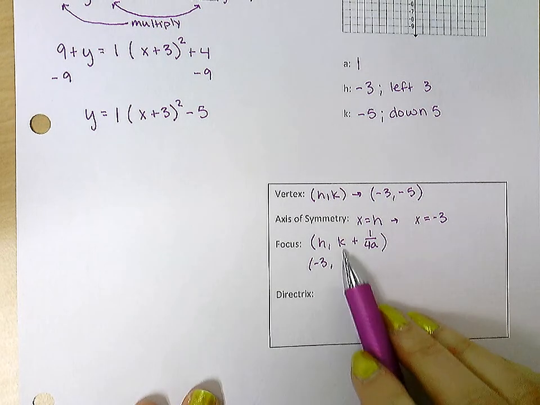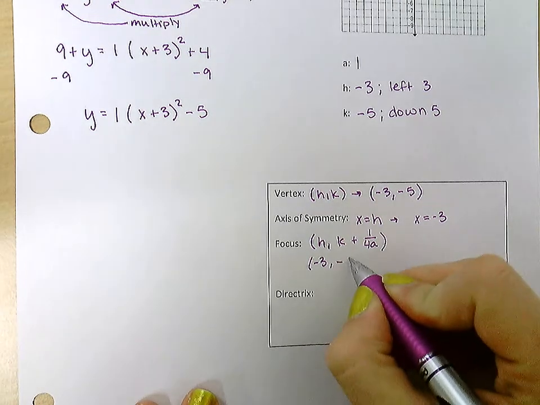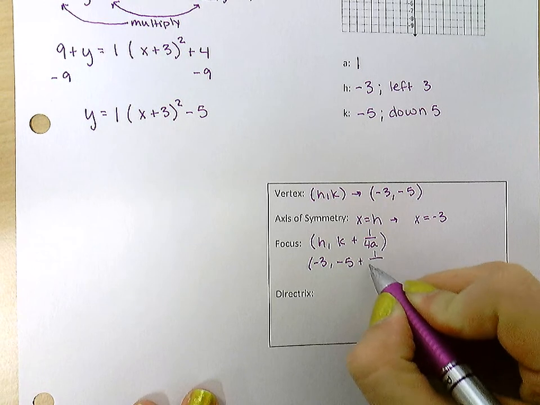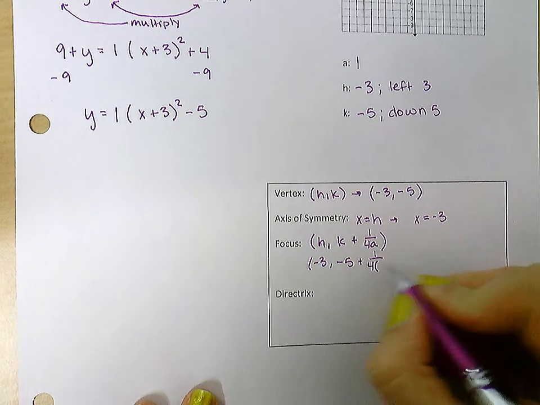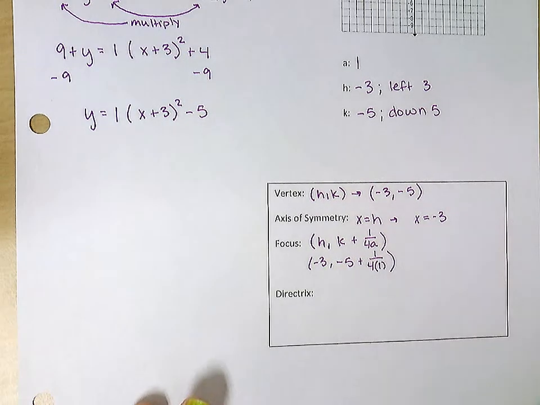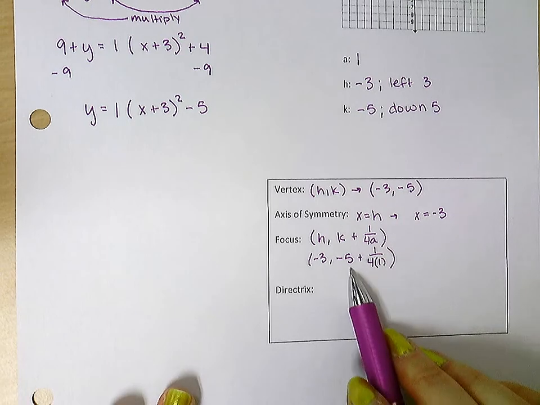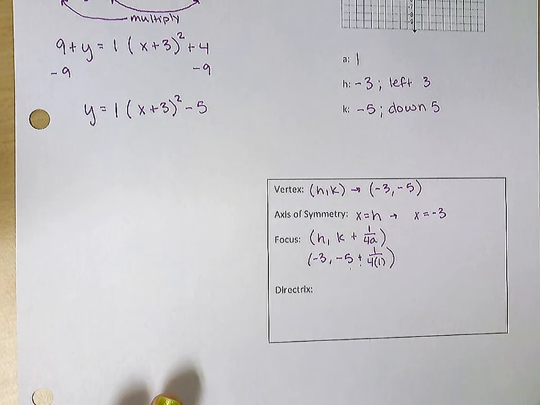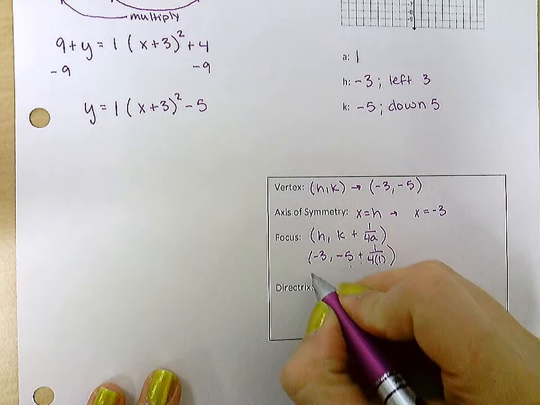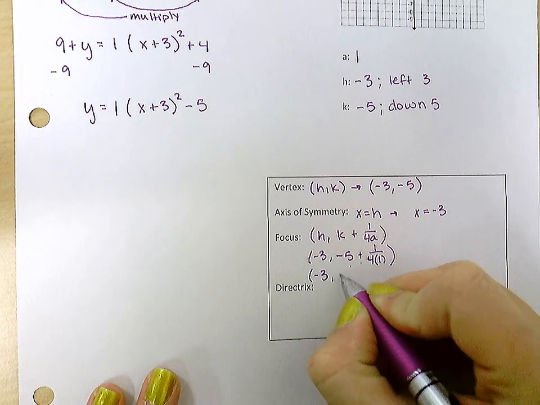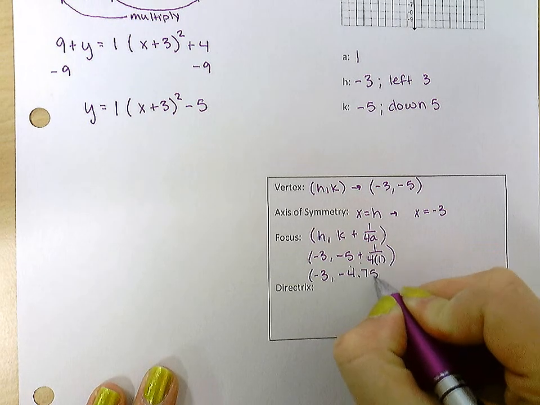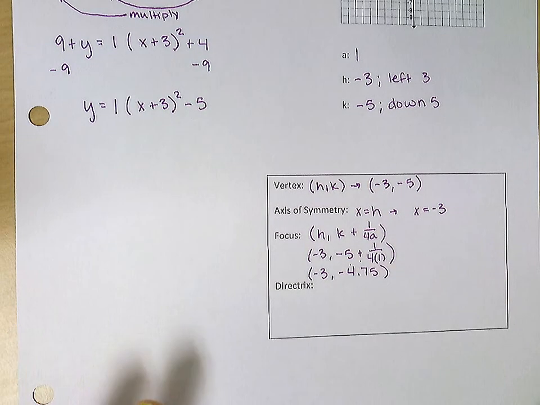Our k value is -5 plus 1/4 times our a value, which is 1. And again, you can just enter that into your calculator. So -5 plus 1/4. So we have -3 and -4.75 for our focus.